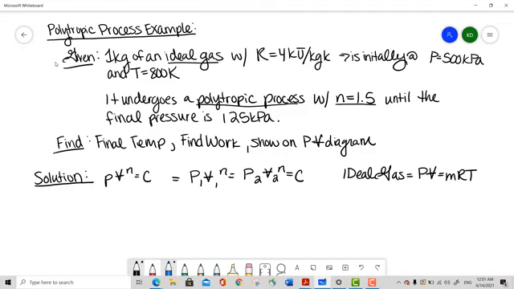And so why would we use this? I mean, it does say ideal gas, but why would we use this?